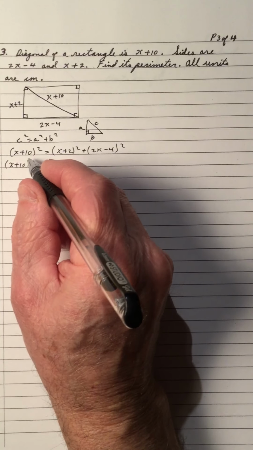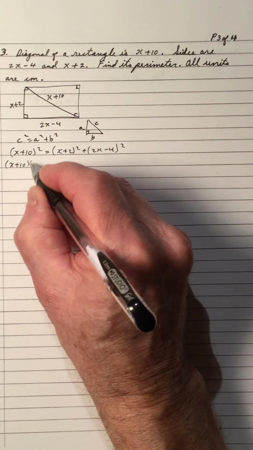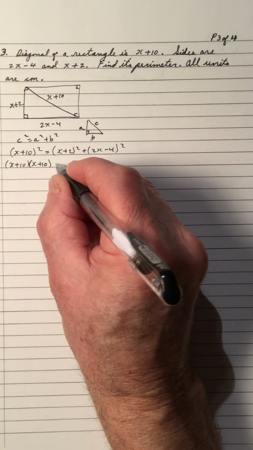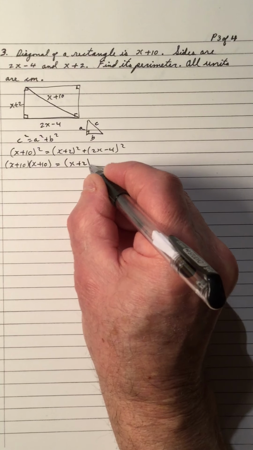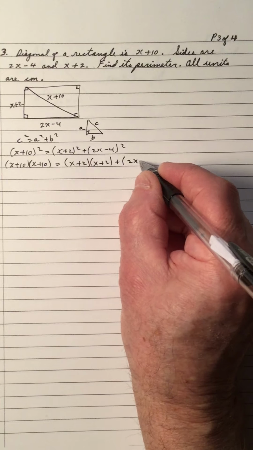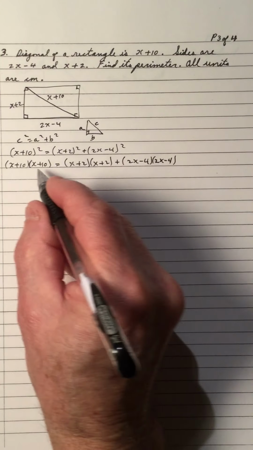Remember, doing FOIL, my pen just ran out. Doing FOIL makes it easier to work out. That's why I take my time and expand it, like I'm doing. And then hopefully I won't make an error.